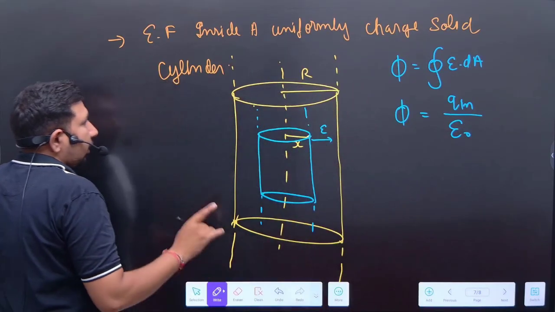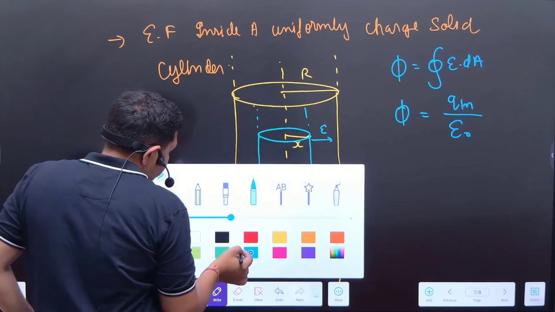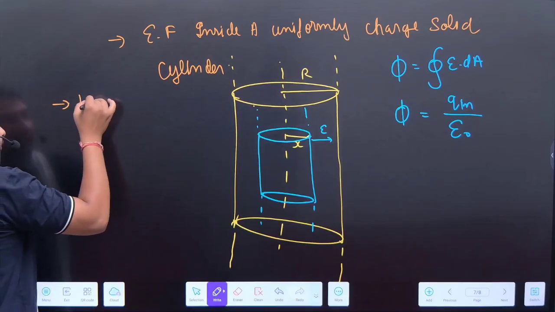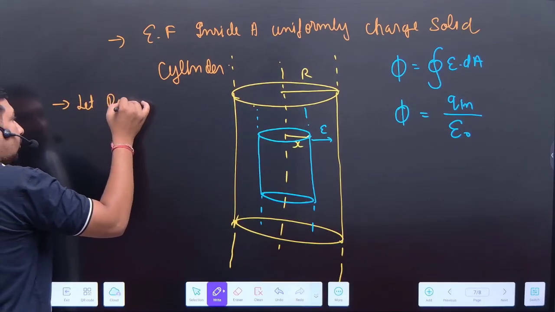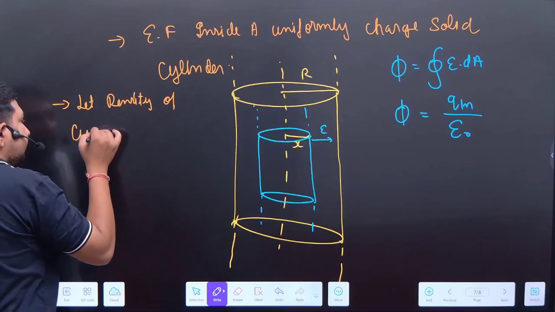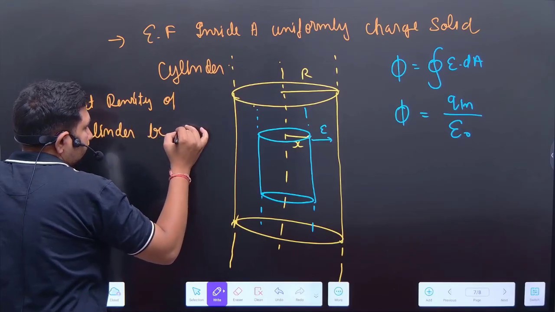Okay. Now, how much charge would be there? There are a few things that we have to assume. First is the density of this cylinder. So let the density of the cylinder be rho.